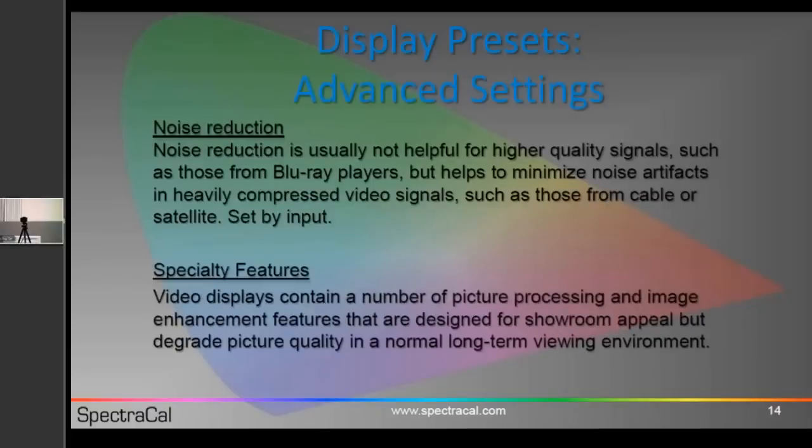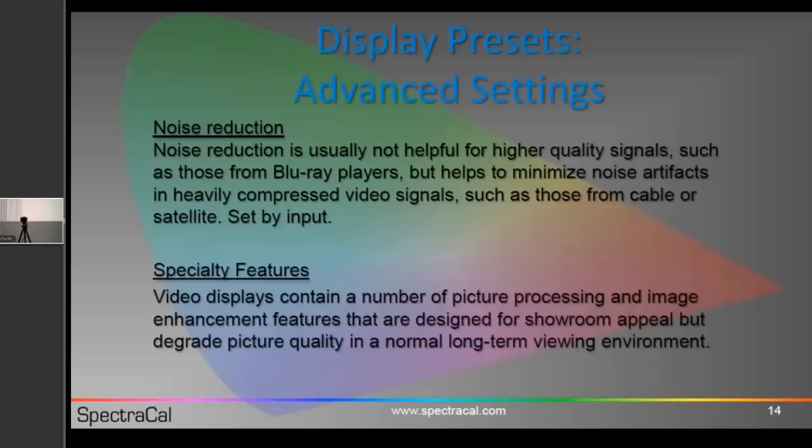Also then, we want to go into the noise reduction settings in the display and set those appropriately for the type of signal that we'll be feeding to the particular input that we are calibrating. When we are calibrating an input that is going to have a very high quality signal, such as from a Blu-ray player, we would want to set our noise reduction to a very minimum setting in order to minimize the effects on the picture.